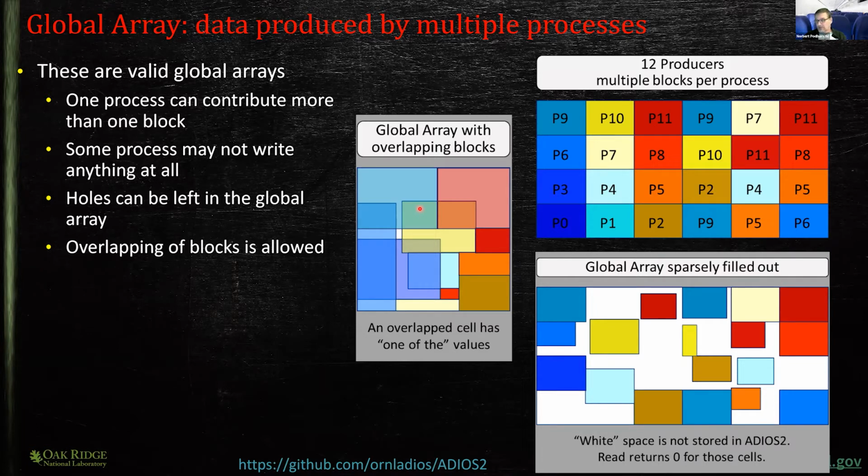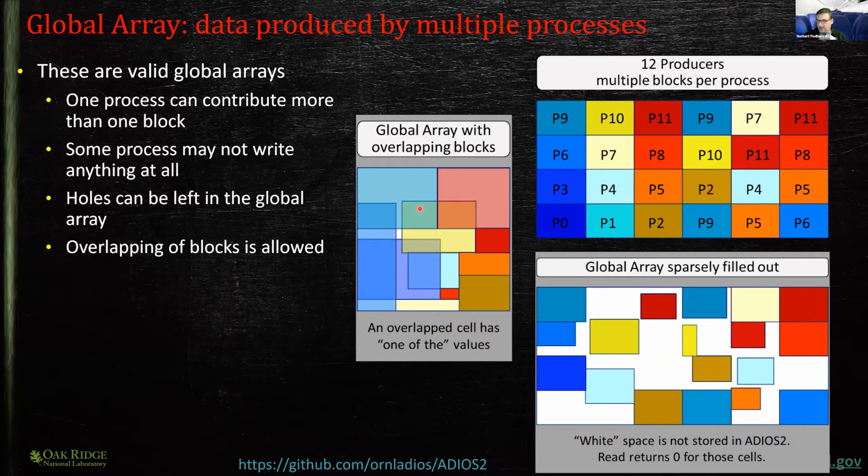You get one value. Or one process can contribute multiple blocks into the same global array. And you also don't need to fill out the entire global space. You can declare a giant global space and then just write some blocks sparsely into that. And then the empty space is not written in ADIOS.